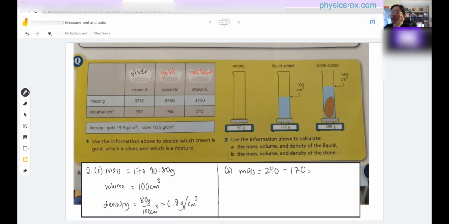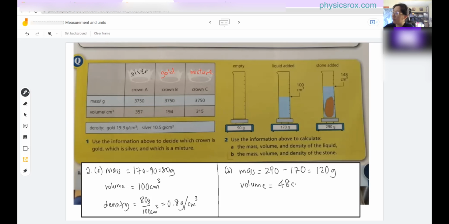Come. You all should be quite good at maths. Give me the number. Okay, thank you. 120 grams. What about the volume of the stone? How to get the volume? Or give me the number. What's the volume? 48 cm cubed.